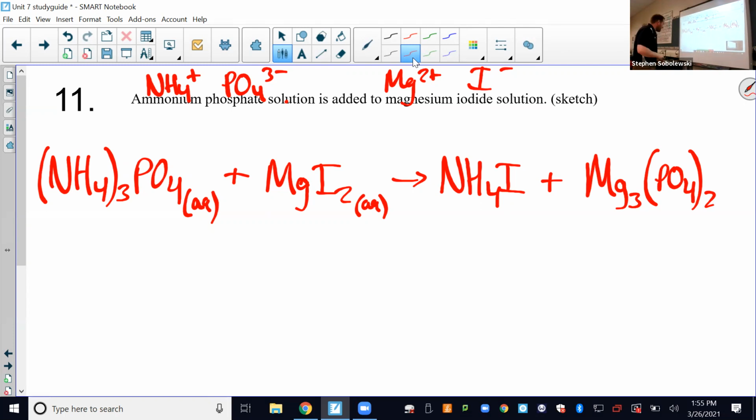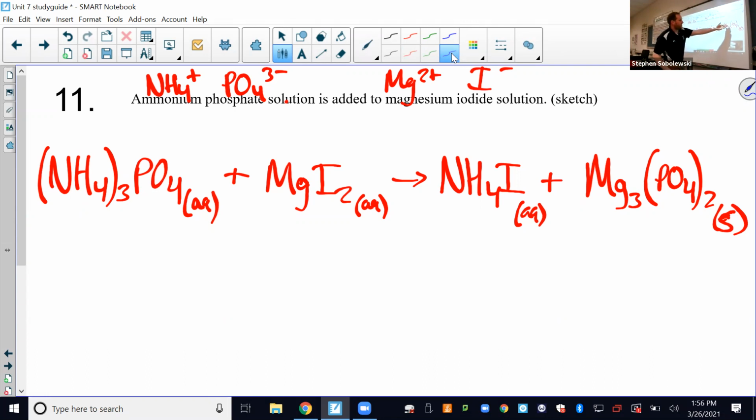We check our pink solubility table. I know that all ammoniums are always aqueous, except for ammonium oxide, which does not exist. So we're going to call that aqueous. Magnesium phosphate, solid. So yes, this does react, which means we have to balance it.